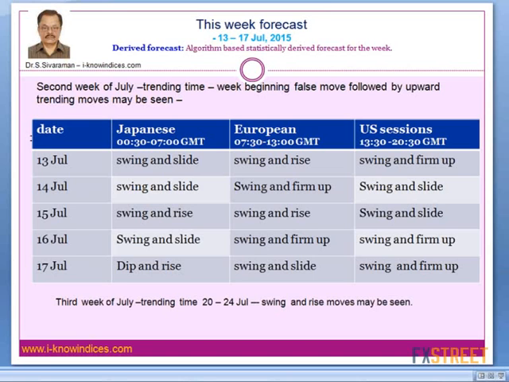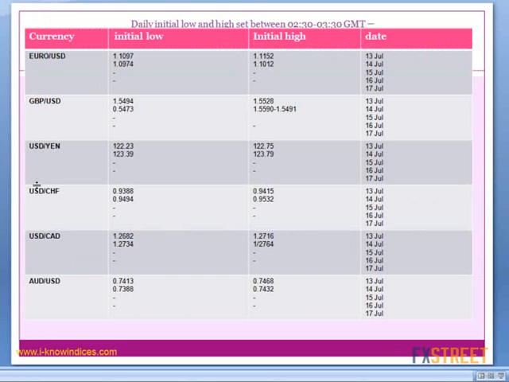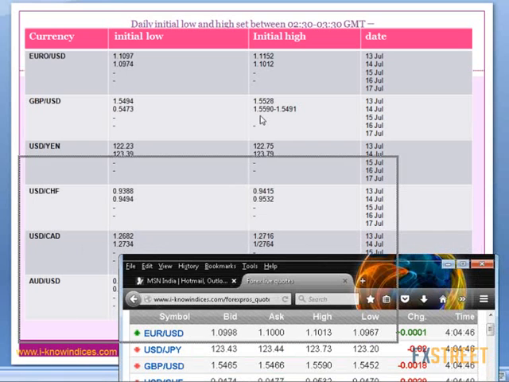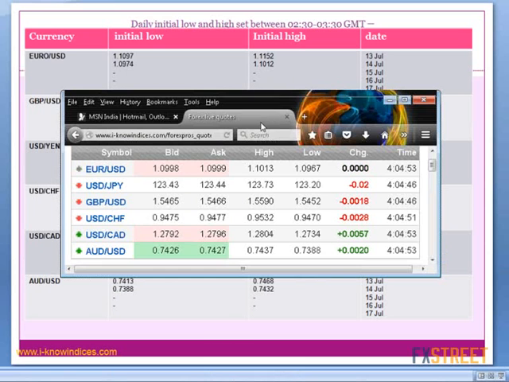So what are they likely to do? For that, we try to compare the initial lows and highs they set around 3:30 GMT, and find out where the market is. Now, euro formed the initial low 1.0974 and the high of 1.1012.